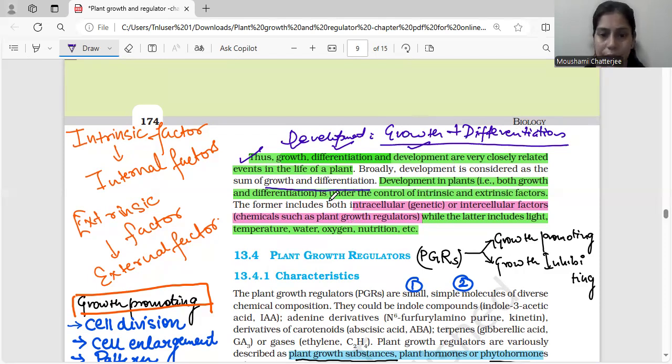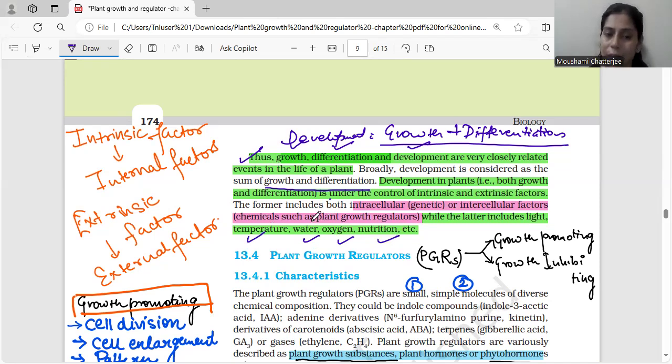Both growth and differentiation are under the control of intrinsic and extrinsic factors. This we will be studying, and we have to understand that intrinsic factors are internal, or intracellular, genetic factors, you can say. Okay. And extrinsic factors are the other factors which are external, like light, temperature, water, oxygen, nutrients. Okay.